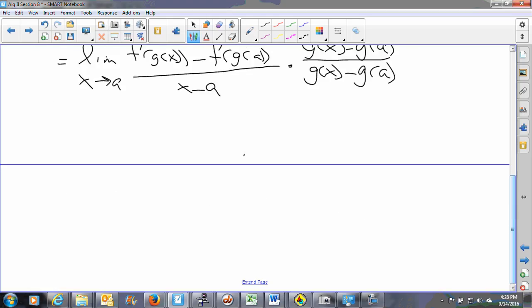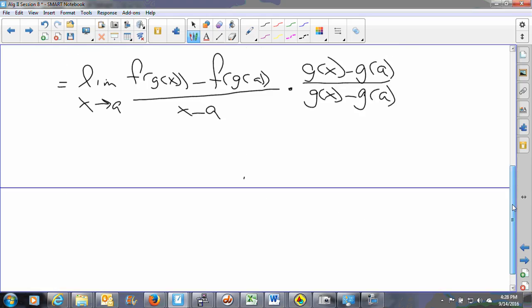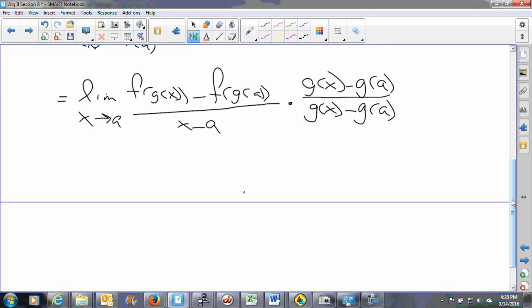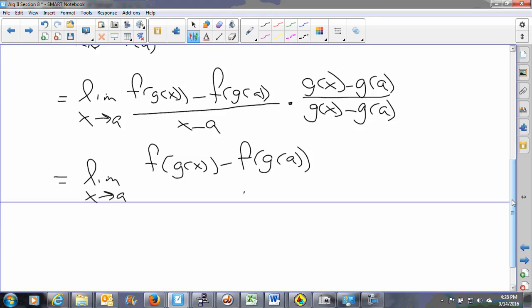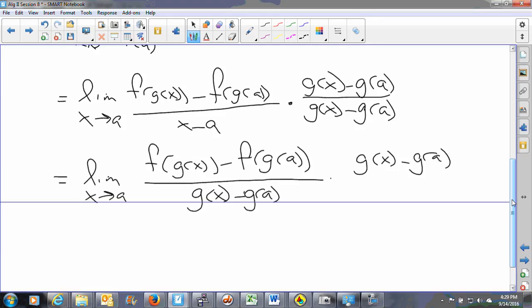Now, that means this is equal to the limit as x approaches a of f of g of x minus f of g of a over g of x minus g of a times g of x minus g of a over x minus a.